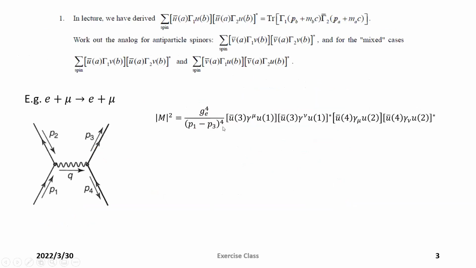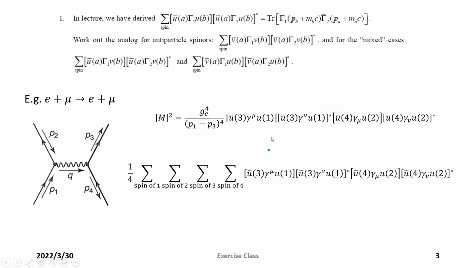Back to this amplitude square, we have to sum over all the spin configurations of these 4 particles and divide by 4.